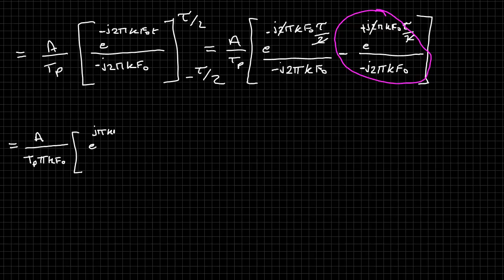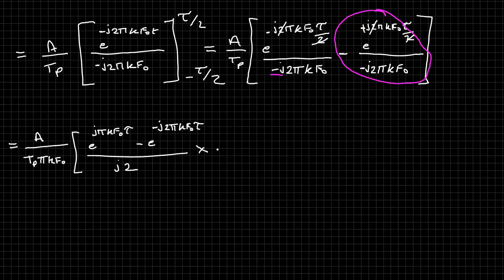So e to the power of plus j pi k f naught tau, and then what used to be the first term is going to move and become the second term. Because of that minus in the denominator, we have minus for our second term, so it's e to the power of minus j 2 pi k f naught tau, and at the bottom we have simply minus j 2 because we've taken everything else and put it outside. Now it's in a good form.